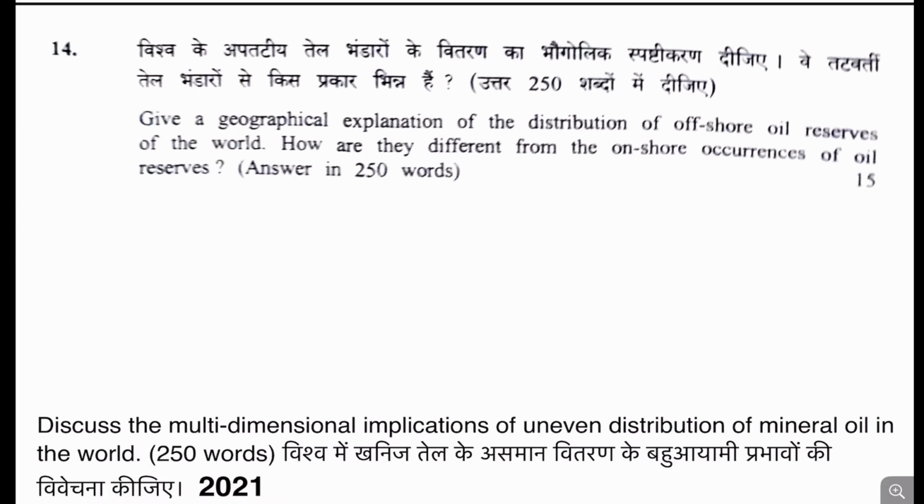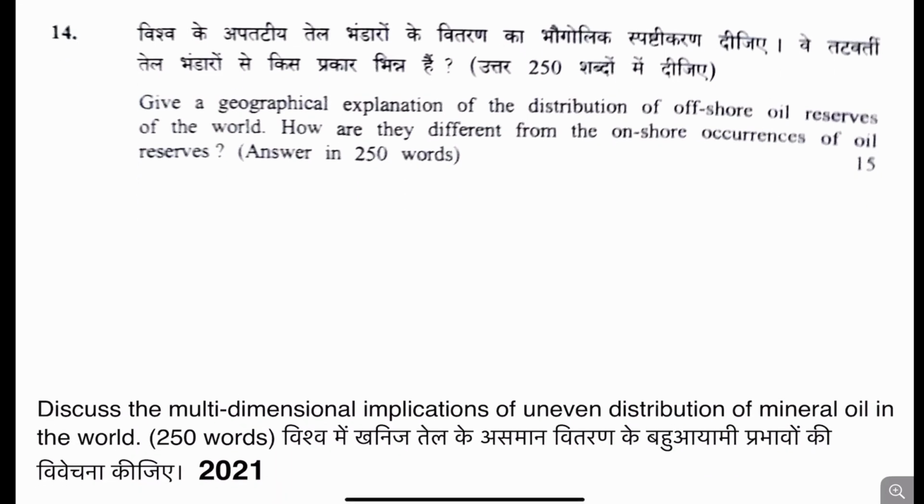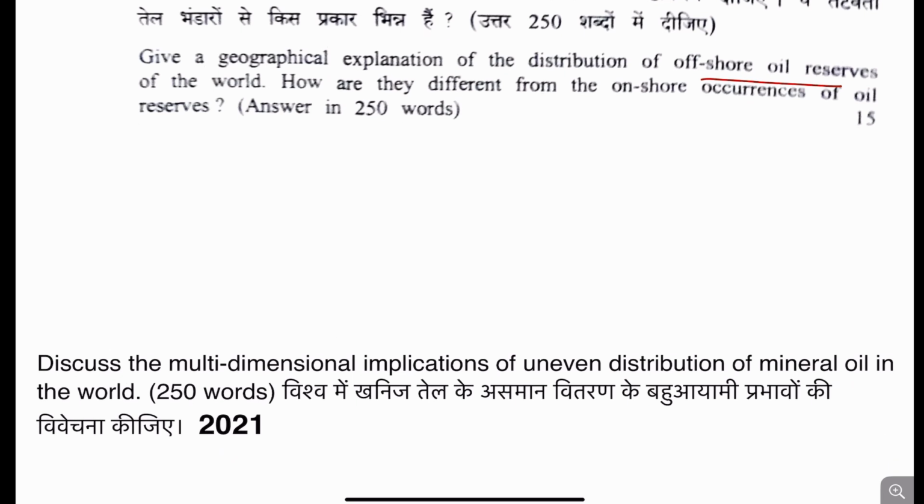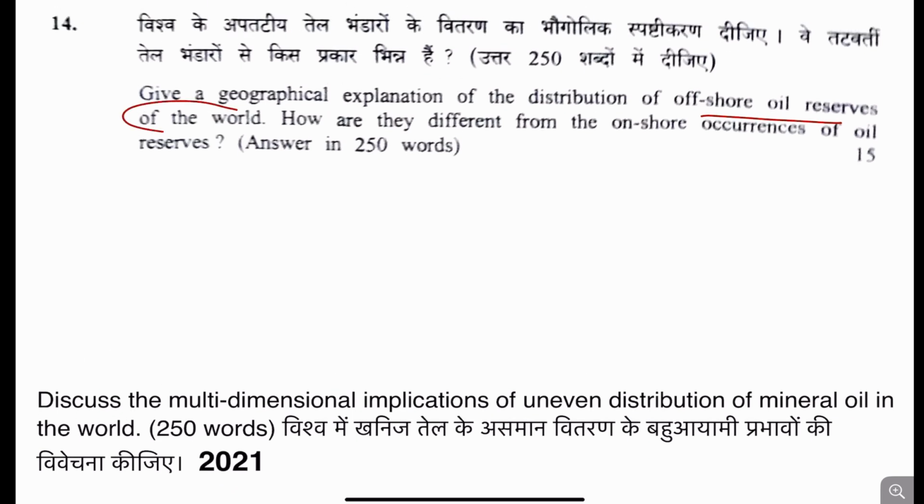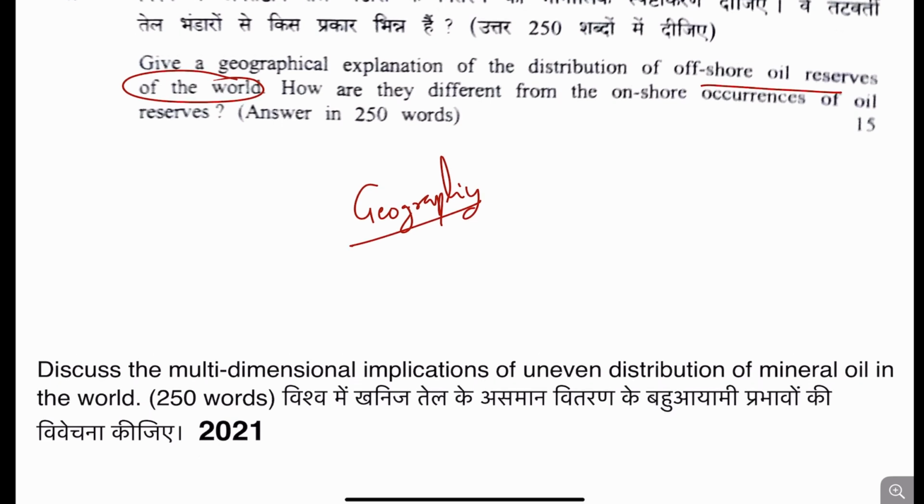Now moving to the next question, question number 14. Give a geographical explanation of distribution of offshore oil reserves in the world. Okay, so oil reserves in the world has been asked about, and this is a geographical question from the distribution of world resources, right?